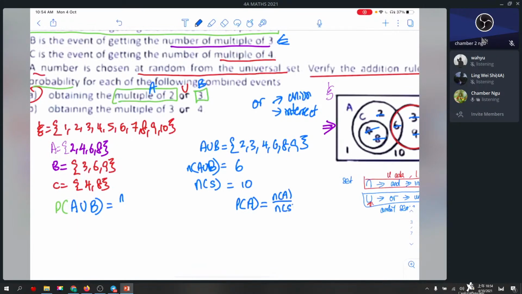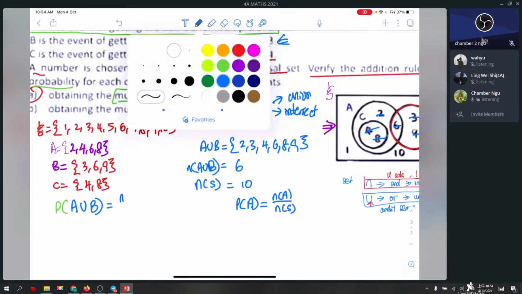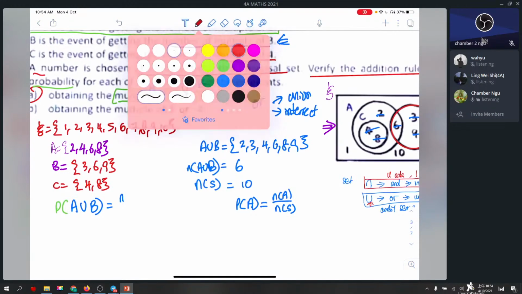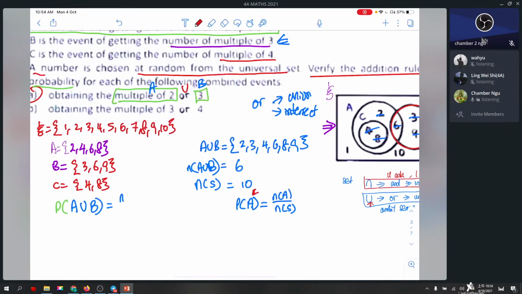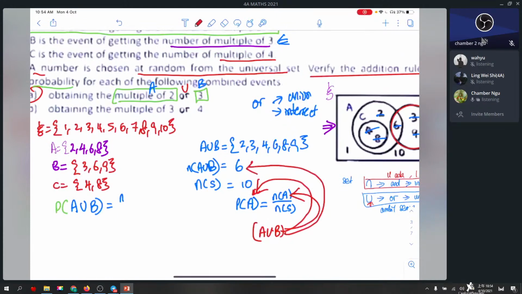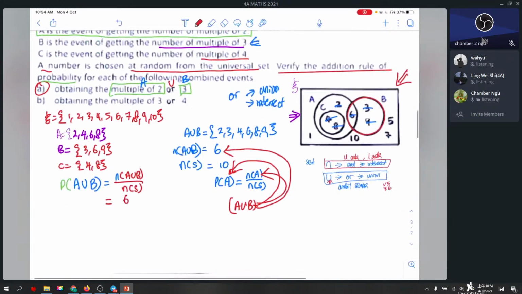So if we want to find the A union B, so kan kita punya probability is number of A divided with number of S. So A can be anything. Sekarang A adalah A union B. So ini akan masuk sini, ini pun masuk sini. That's why we have to find the number of A union B. So A union B divided with number of total. So number of A union B is 6 over 10.